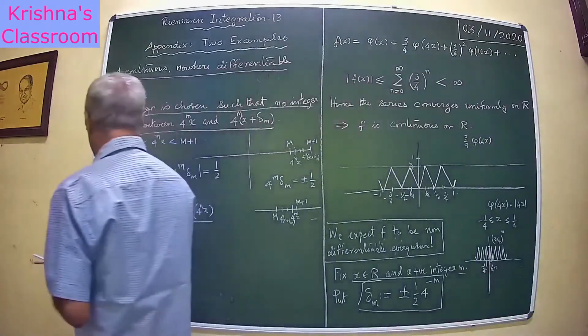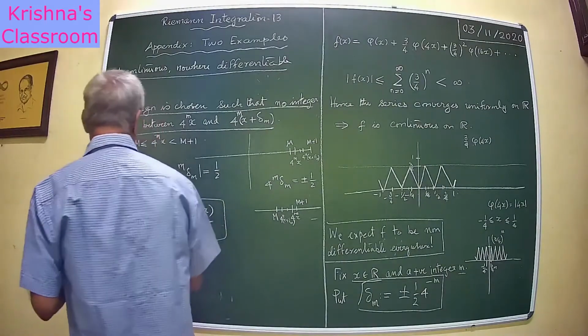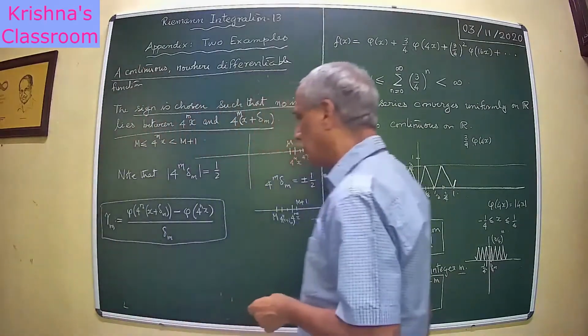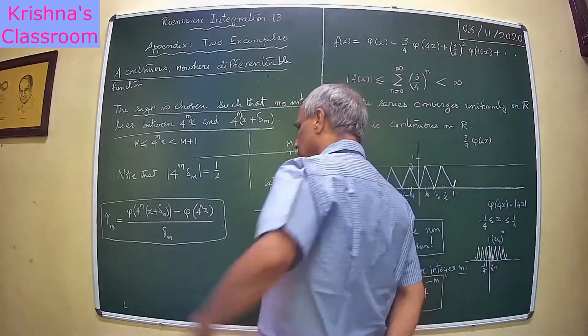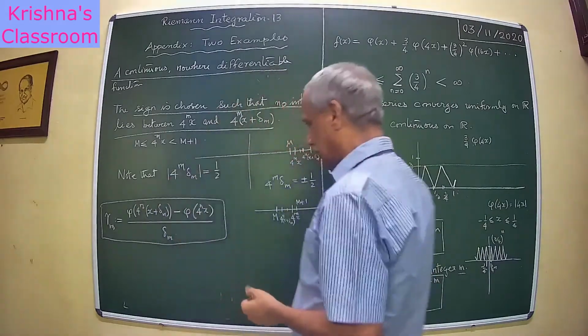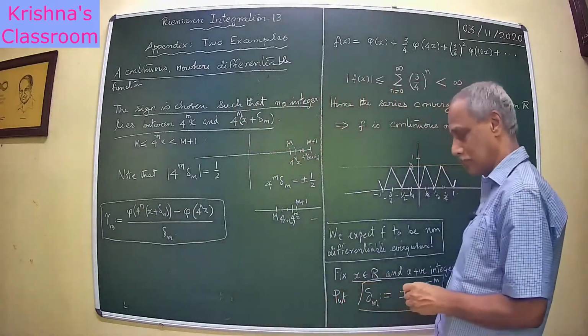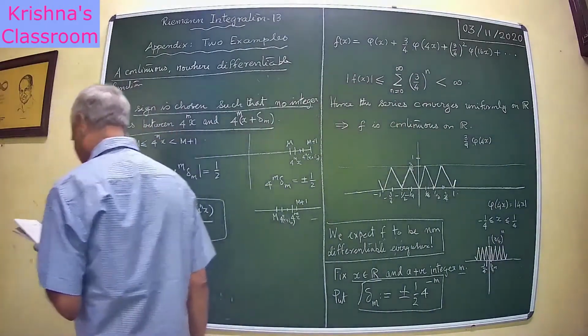This is a new function that we define, and eventually what you are trying to do is to let m go to infinity so that delta m goes to 0, and you show that this ratio actually gets broken. That is the strategy that we are going to adopt. So let us see how we do this.